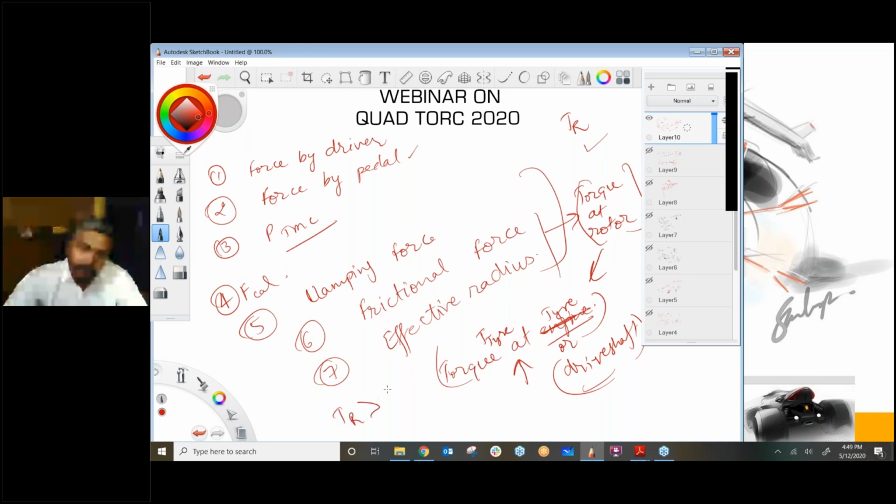Now case 2 is braking. The longitudinal load transfer will happen from rear to front. So these are 2 cases, and why we need to calculate this is very essential.